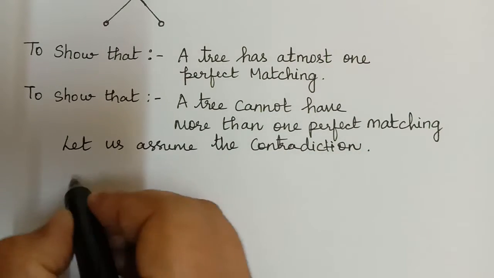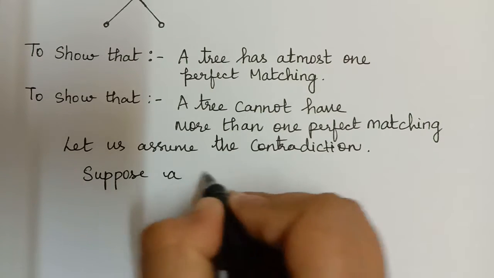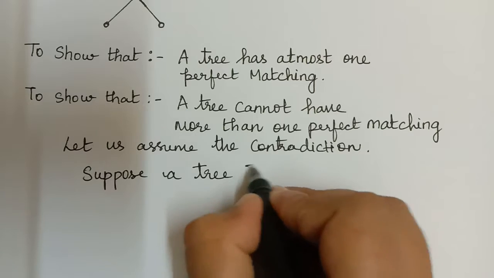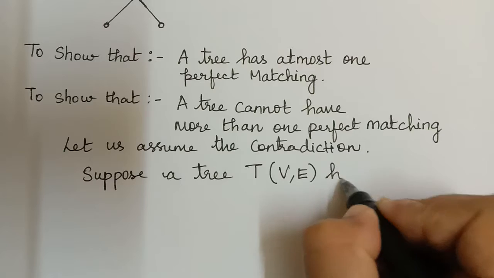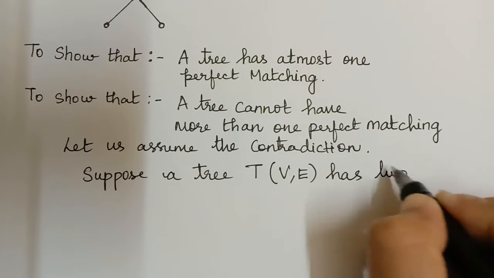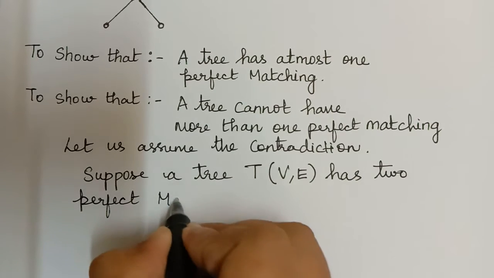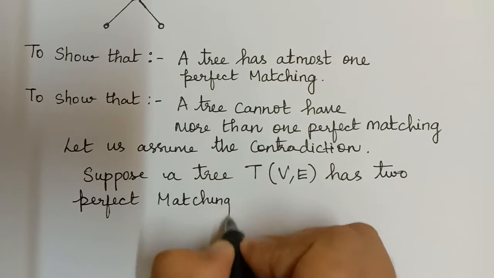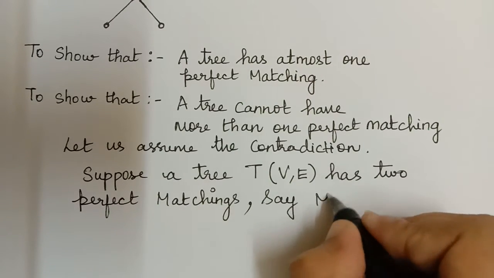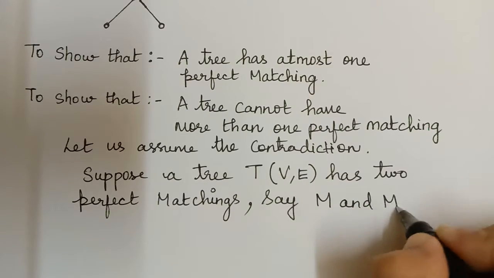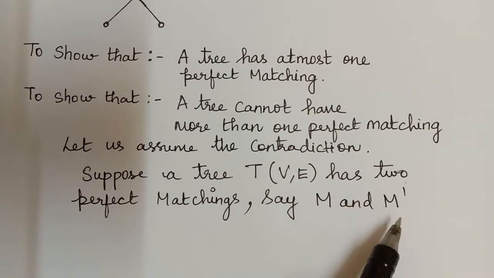Suppose a tree, which can be represented as capital T with some vertices and edges, has two perfect matchings, and let us call those matchings M and M dash. So we have assumed the contradiction that a tree has two perfect matchings, M and M dash.